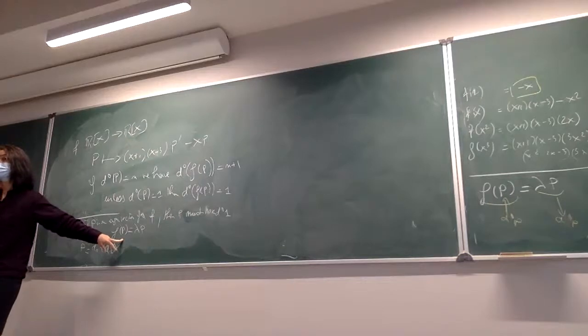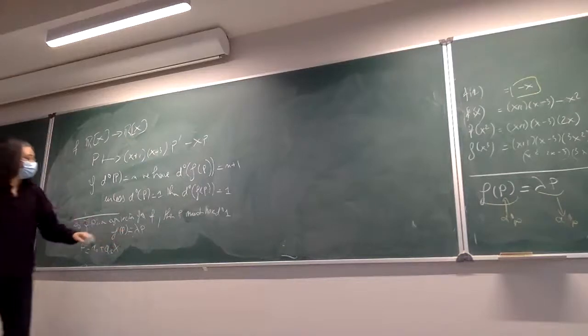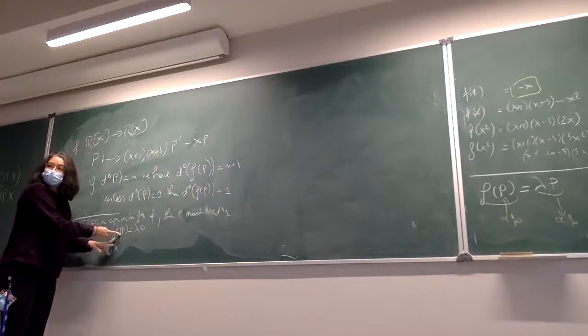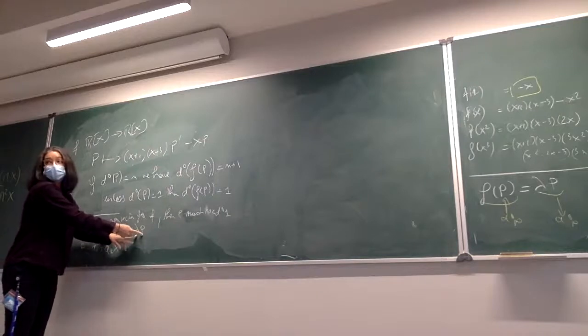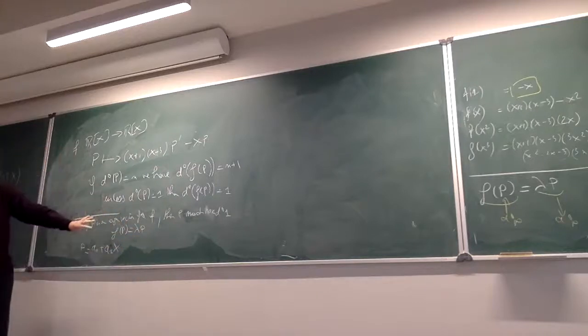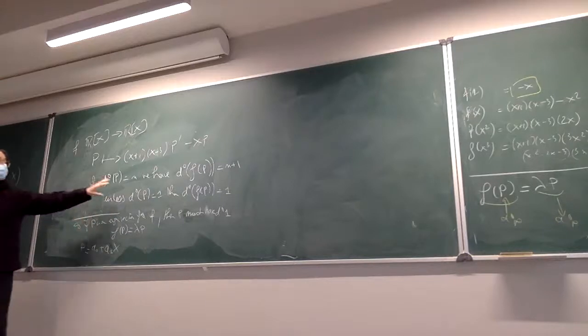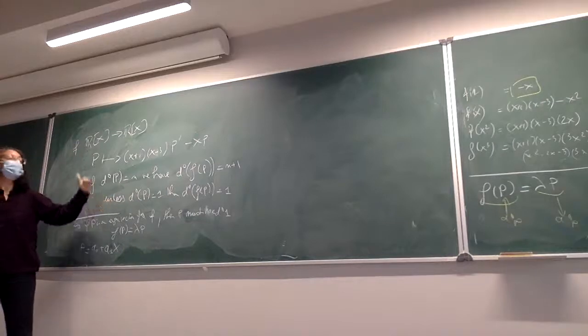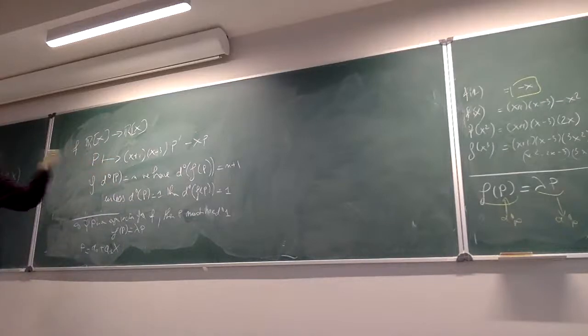No, because if you have this equality, it means that the image of P has the same degree as P. The only polynomials that have an image of the same degree are polynomials of degree 1. Any others have a higher degree for their image.